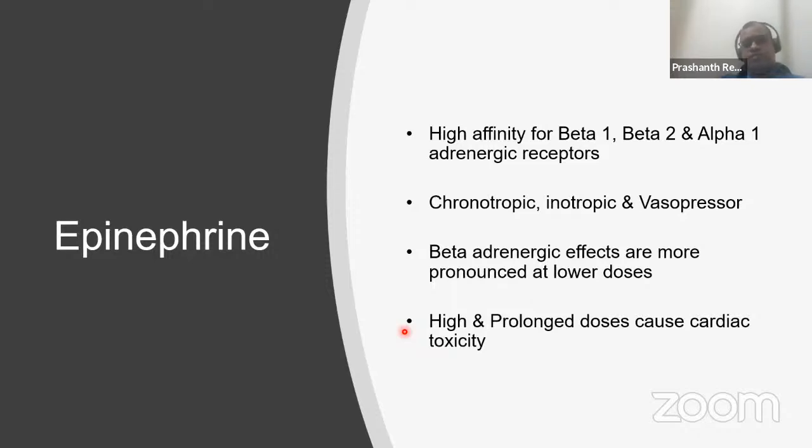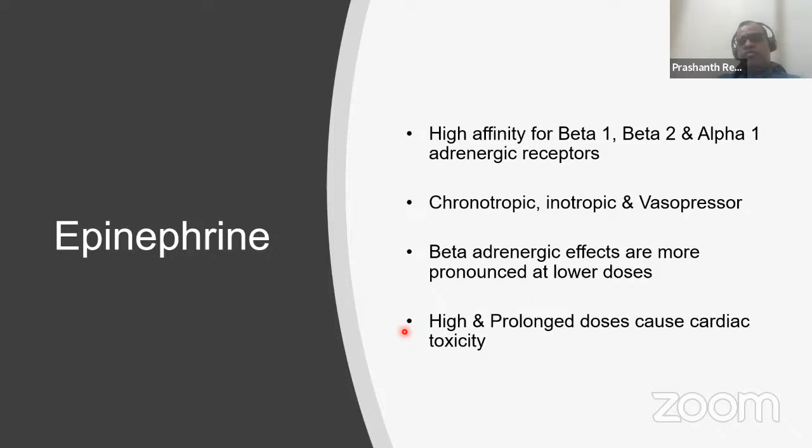High and prolonged doses of epinephrine have been shown to cause toxicity. So nowadays, epinephrine is not the first drug of choice whenever there is hypotension. Previously, we used to start dopamine or epinephrine first and then start other things. But epinephrine has taken a backseat now.